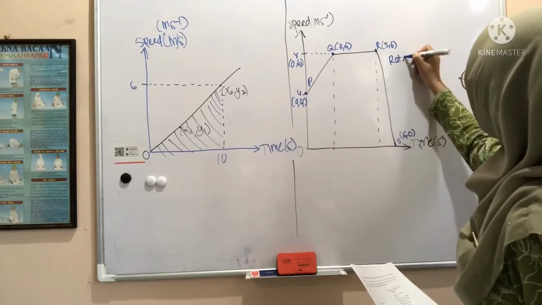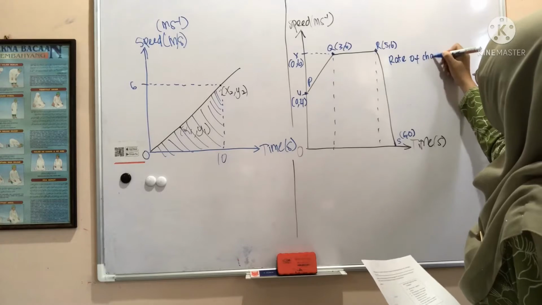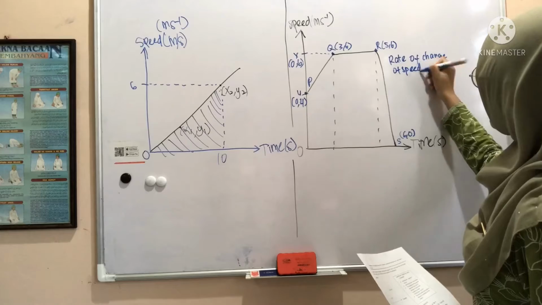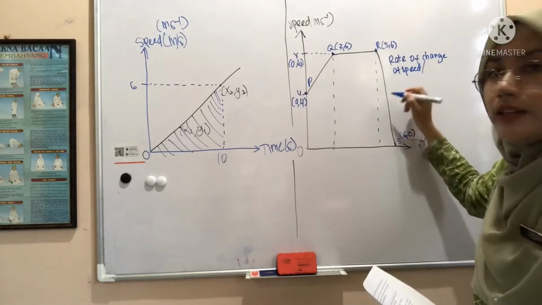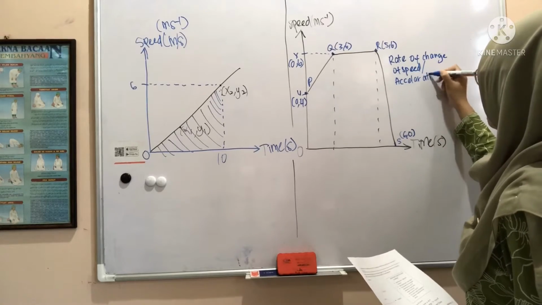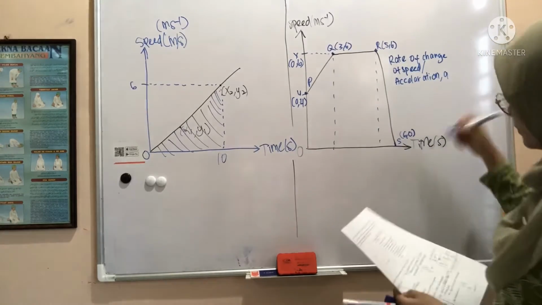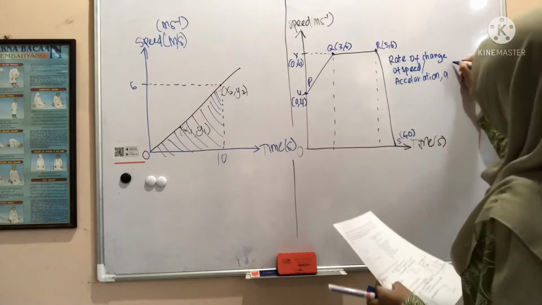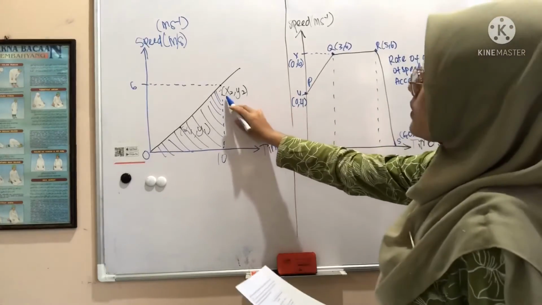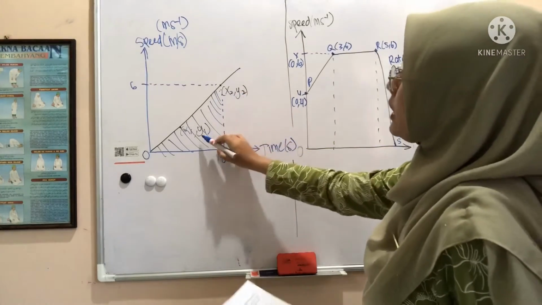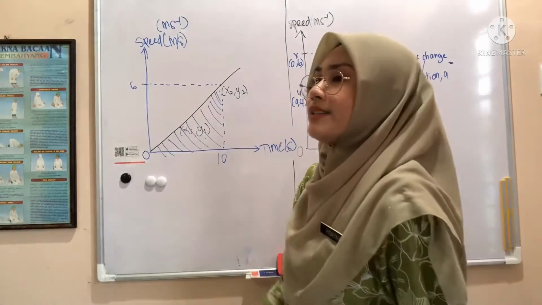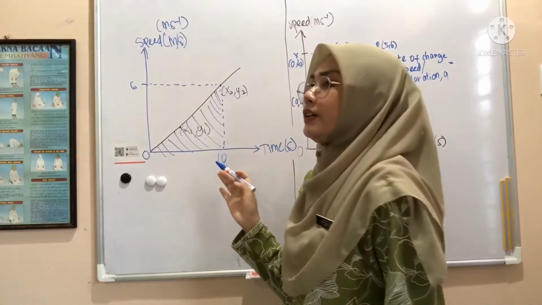Rate of change of speed, or you can also write it as acceleration, in the unit of a. The formula is like this: (y2 minus y1) over (x2 minus x1). Okay, this gradient we have learned in Form 3, right?